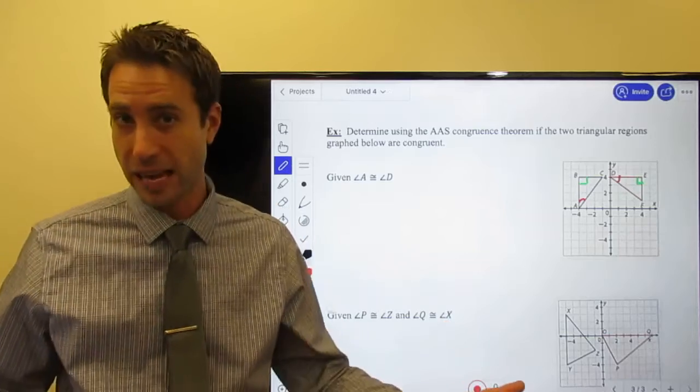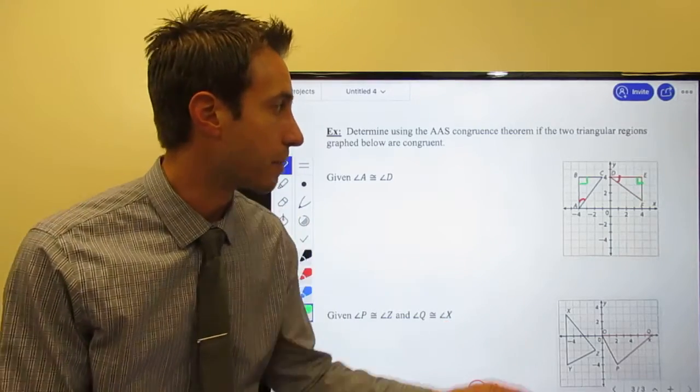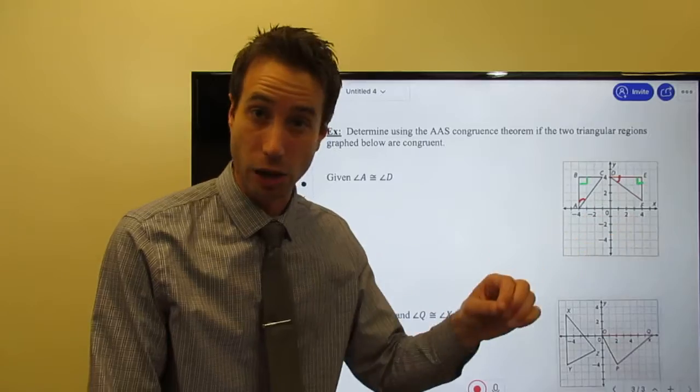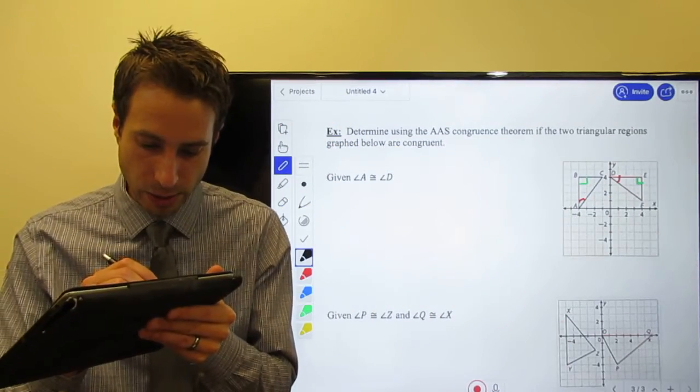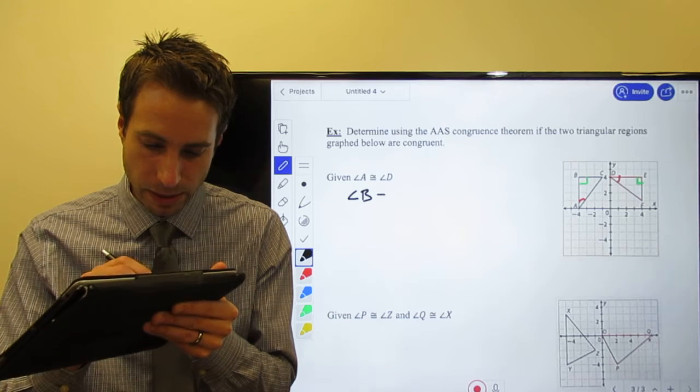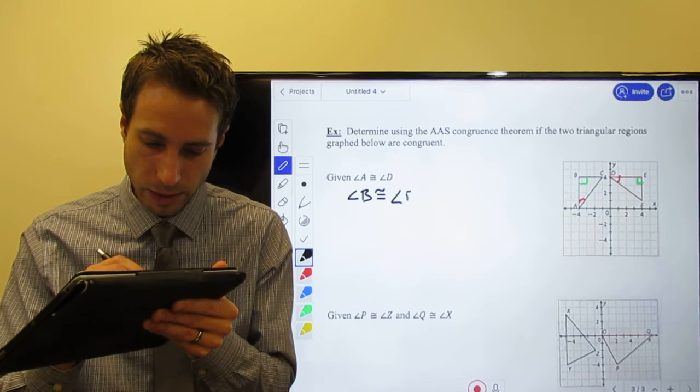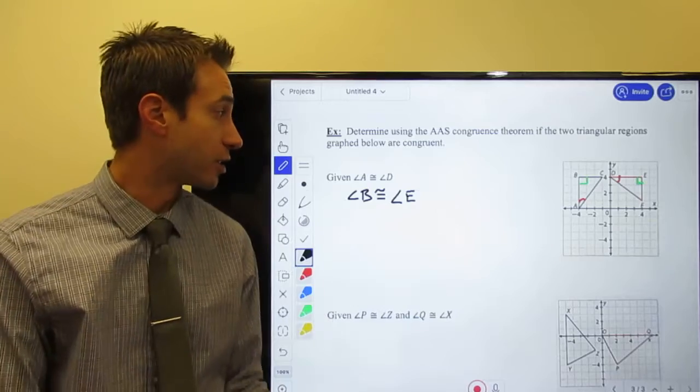They have to, because they're laid out on a coordinate plane. So I know A and D are congruent. I know B and E are congruent. So let me write that down too. Angle B is congruent to angle E. Well, we're off to a great start then.